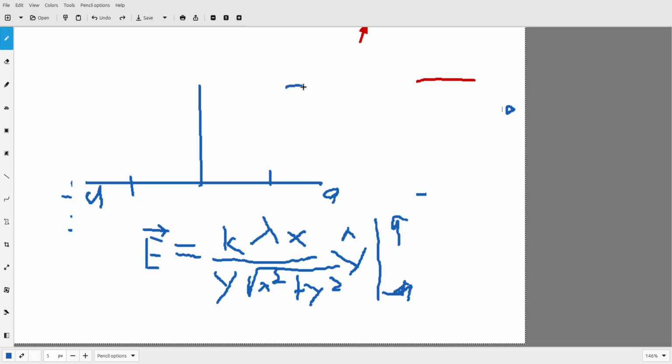So this whole thing is going to be 2k lambda A y over the square root of A squared plus y squared.